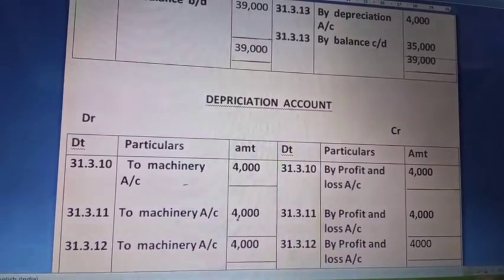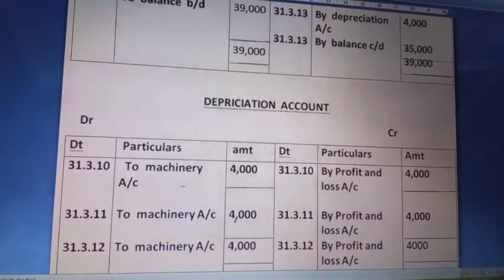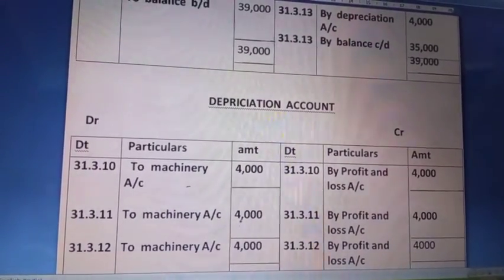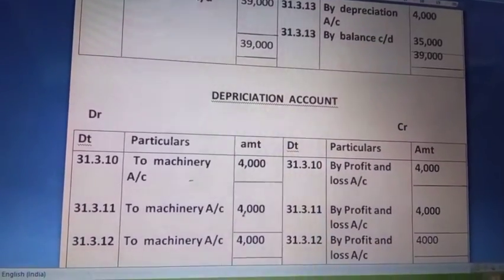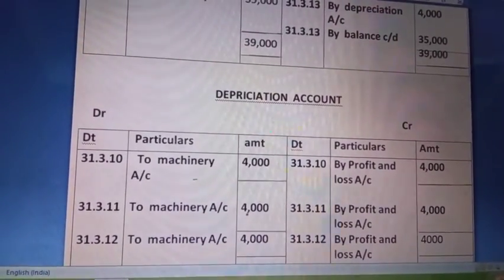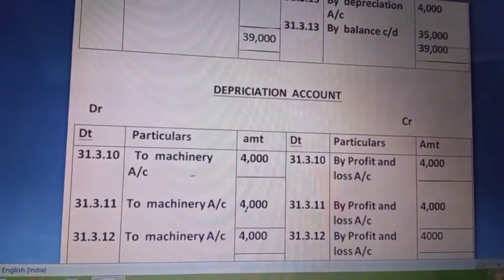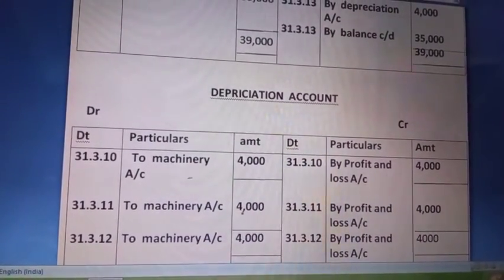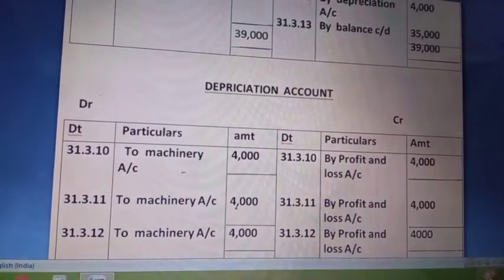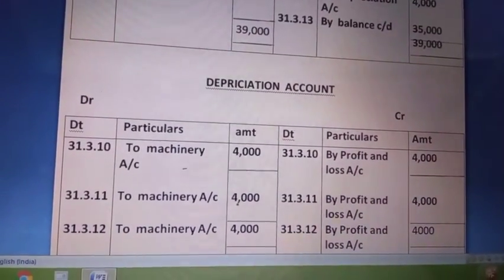So we transfer this depreciation amount to the PL account: by PL account 4,000. This has to be repeated for 4 years because it remains the same. You can find that the depreciation amount is the same, and the amount we are charging to the PL account is also the same every year.